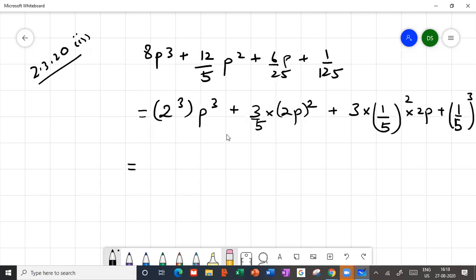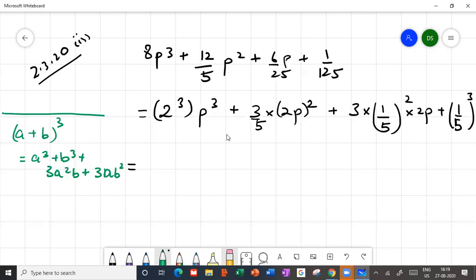Yes, ma'am. So this is the expansion of the identity. What is the expansion? a cube plus b cube plus 3a square b plus 3ab square.